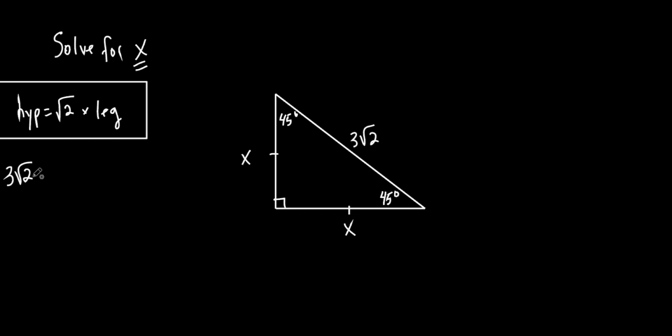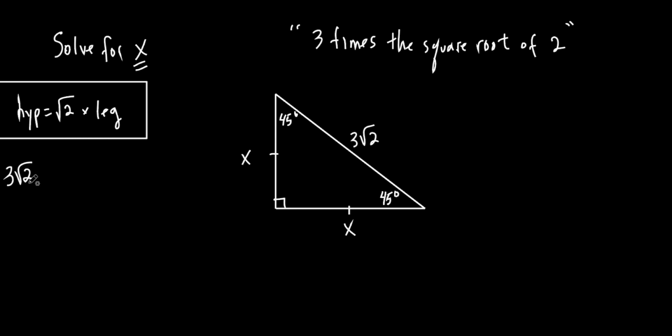Everybody hear me on that? If you need to, write it down. Write the words down, 3 times the square root of 2. You don't have to do it every time, but do it once. Then you can go back to it and look. So this is how we say it right there. I'll put it in quotation marks. 3 times the square root of 2.